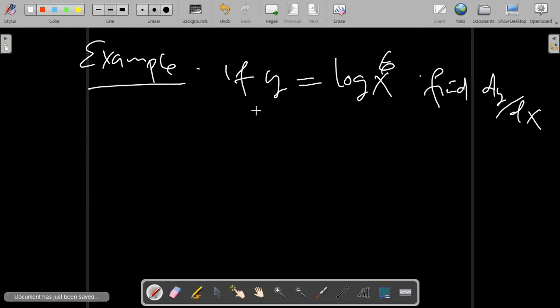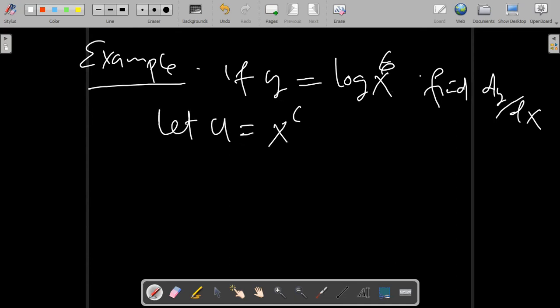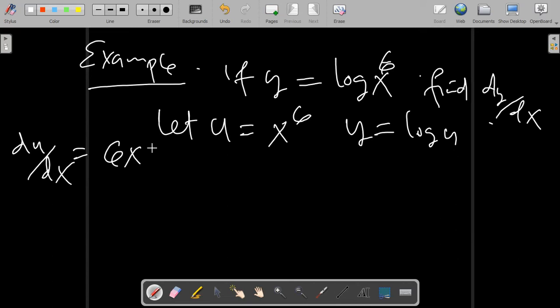From this function, we let u be x raised to the power of 6, and let y be equal to log u. When we apply the derivative on u, this will give du over dx, which is equal to 6x raised to the power 5. And when we differentiate dy over du, this will give 1 over u.